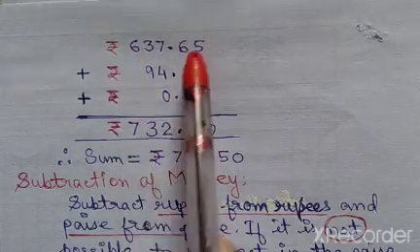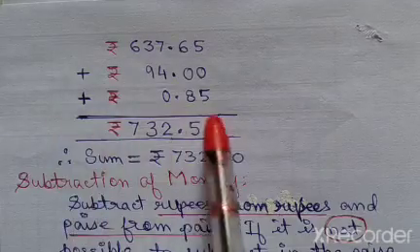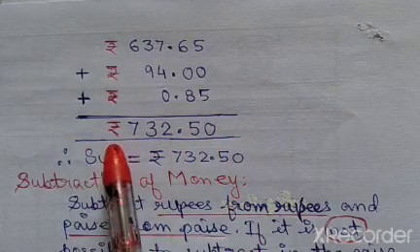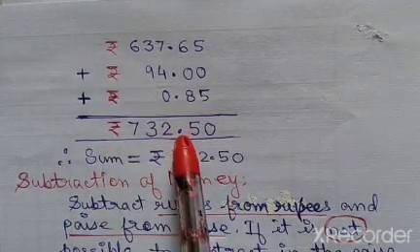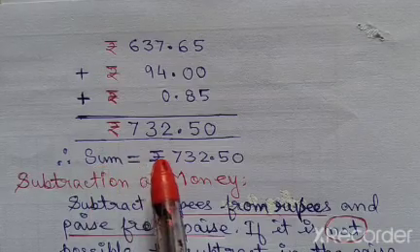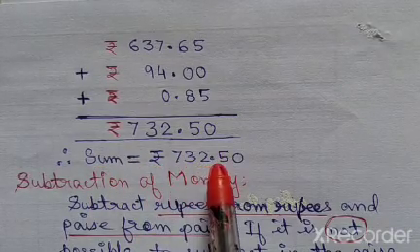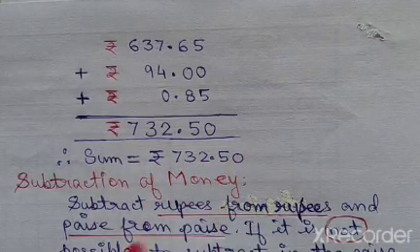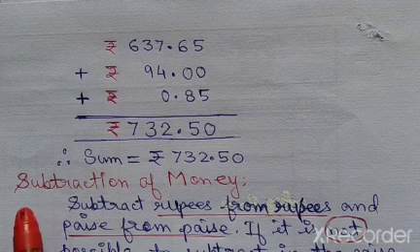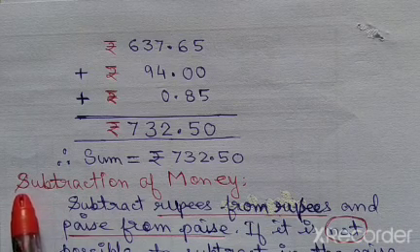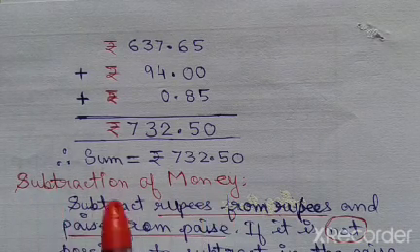So arrange the given amounts column-wise, and after that simple addition, children, you will get the answer, rupees 732.50. Therefore the sum is equal to rupees 732.50.